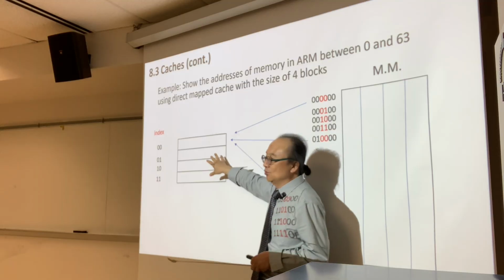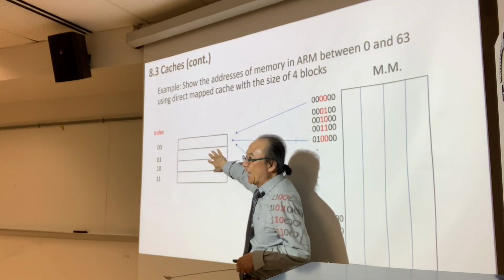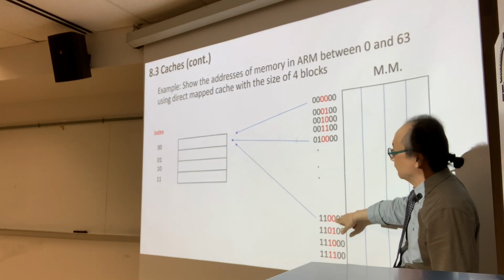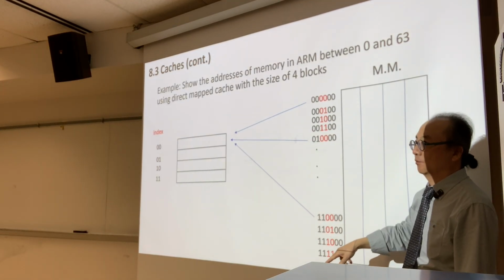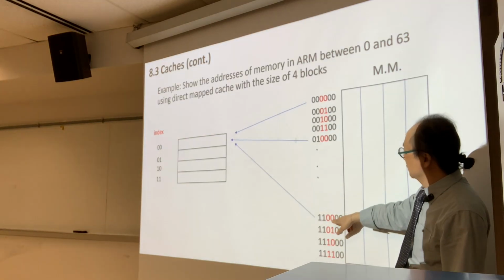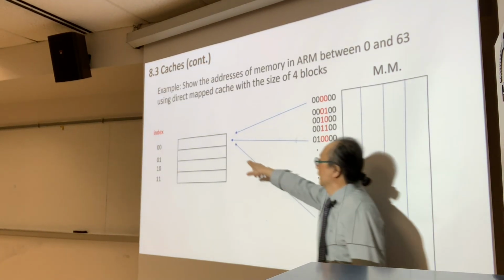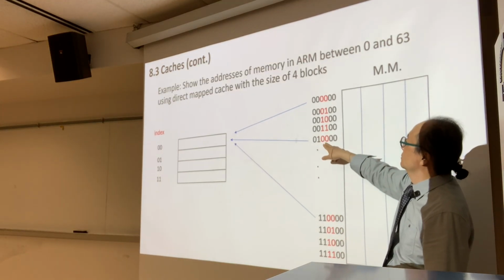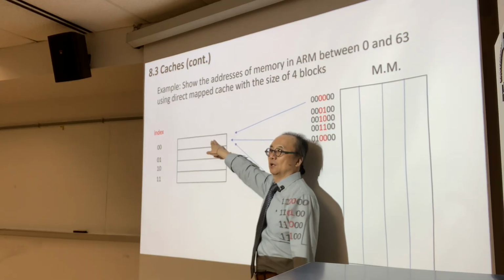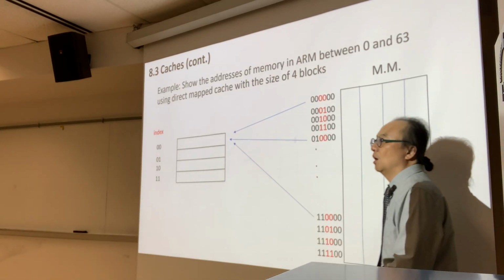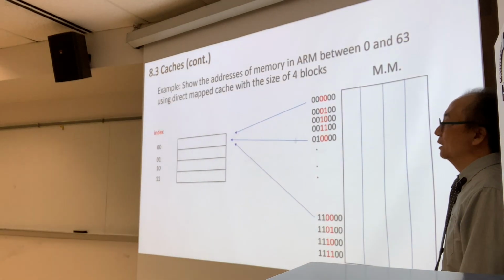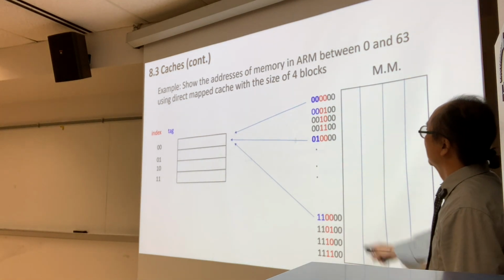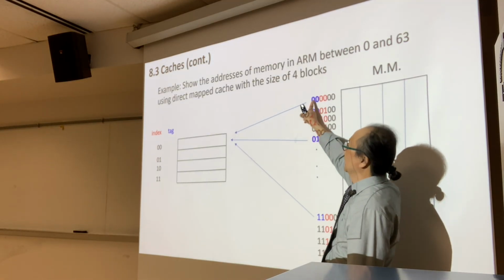Really, I want to use the content of the cache, but I don't know which one is really in the cache, right? Because 110000 is also in this cache location, and 010000 is also going to be in this location. We don't know which one is which, so we need extra values. We call it the tag. So the rest of the bits is the tag.